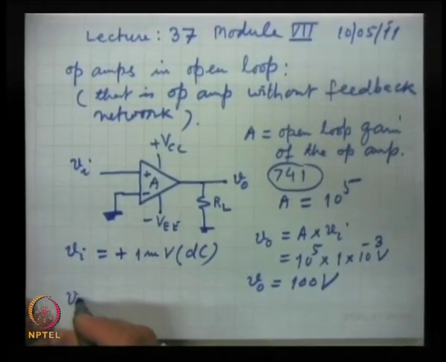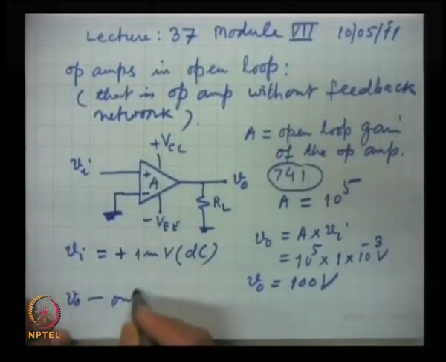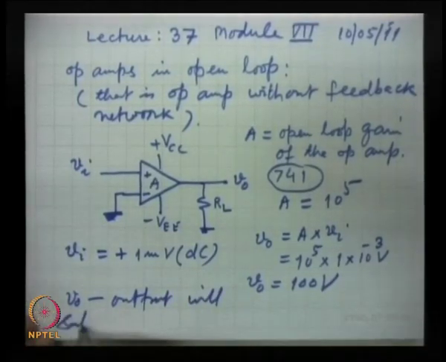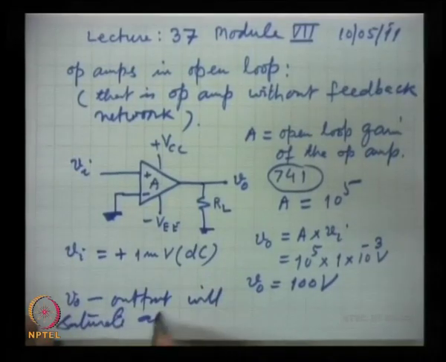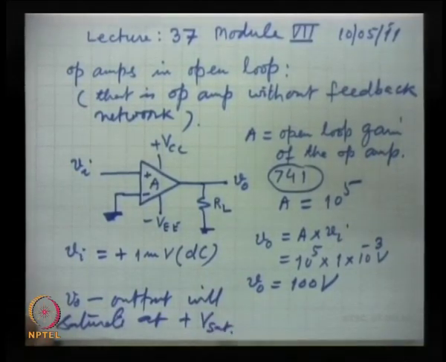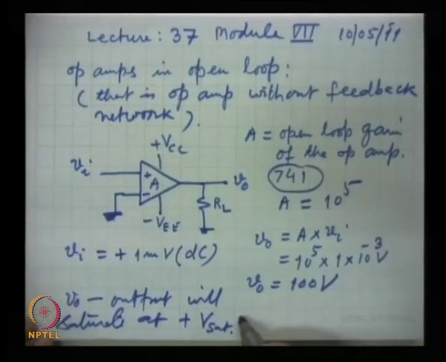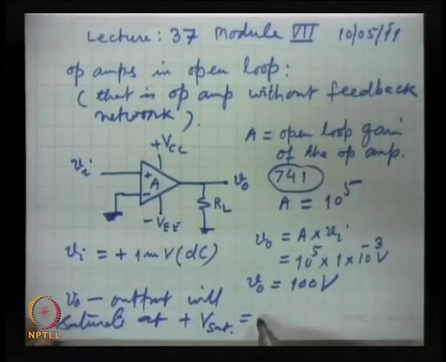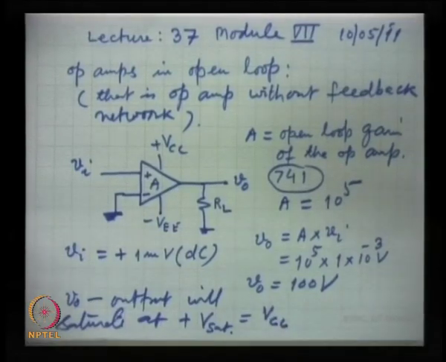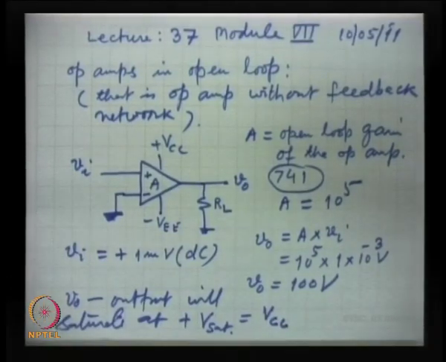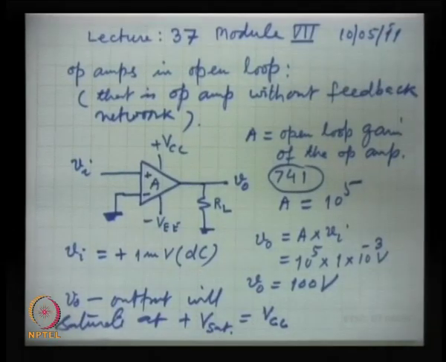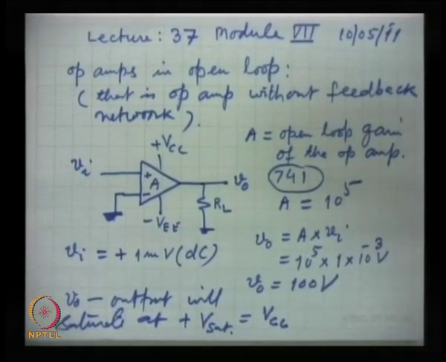Output V out will saturate at plus V sat, and V sat normally will be slightly lower but of the order of VCC. If VCC is 15 volts, then plus V sat will be roughly 14 or 14.5 volts.